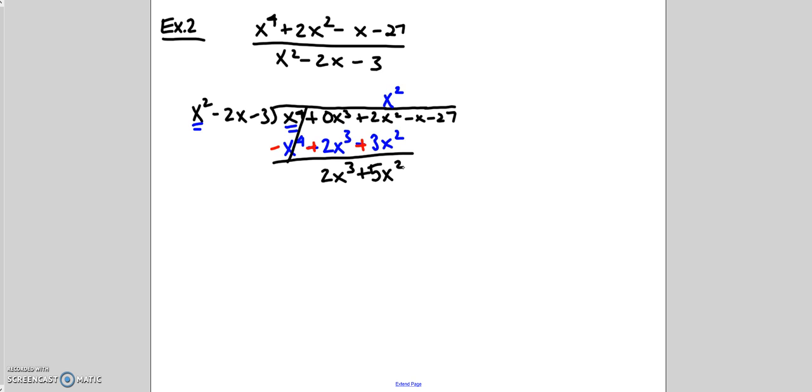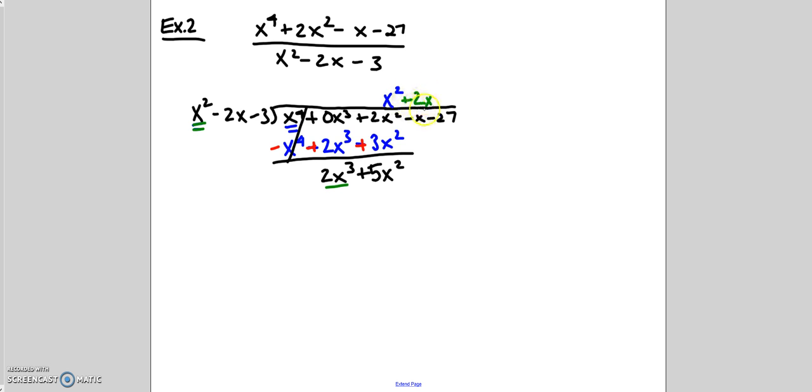All right, so now we're going to go ahead and do the same steps again. How many times does x squared go into 2x to the 3rd? Well, I'm going to need a positive 2, and I'm always down a degree, so I'm going to put an x in.